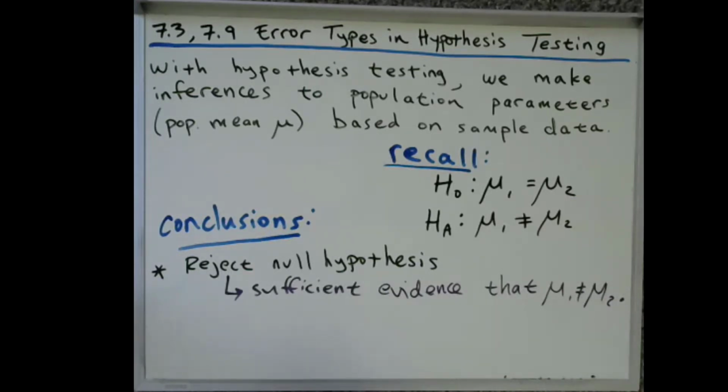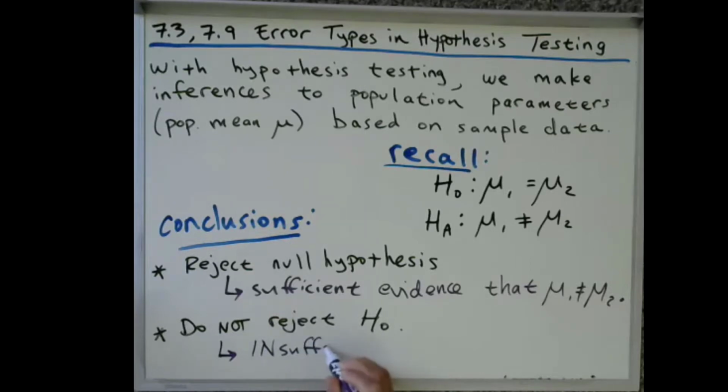The second conclusion that could potentially be arrived at is that we do not reject the null hypothesis. I will abbreviate, indicating that there is not enough or insufficient evidence based on the sample data that the population means are different.